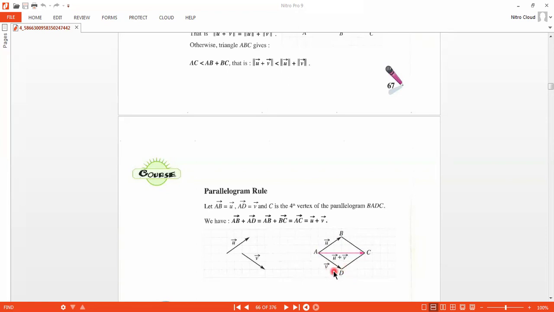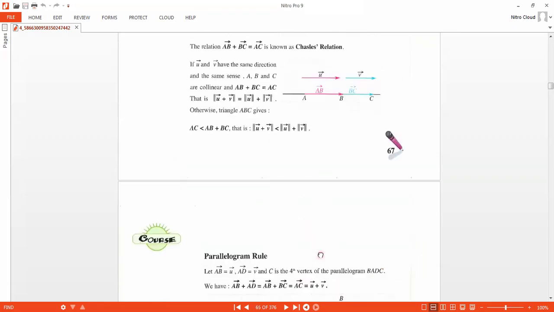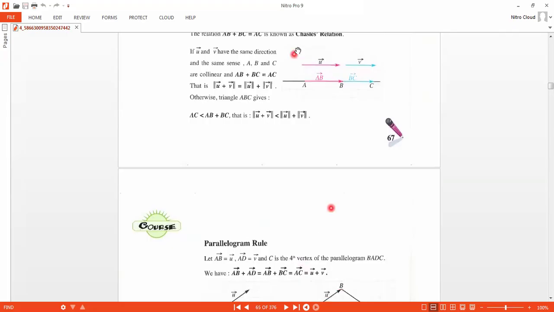AB plus AD equals AC, where C is the fourth vertex that makes a parallelogram. So when you draw this vector, you will get ABCD, a parallelogram. So AB plus AD equals AC, the diagonal, and C is the fourth vertex of the parallelogram. So there are two cases only for addition of vectors: either the Chasles relation or the parallelogram rule.